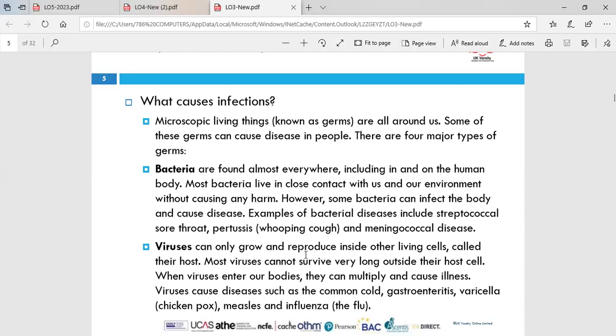Viruses can only grow and reproduce inside other living cells. Those living cells are called hosts. For instance, there's a virus that lives inside me, so I'm the host to that virus. There are certain viruses that can live in dogs. Can anyone recall any virus that lives in a dog?